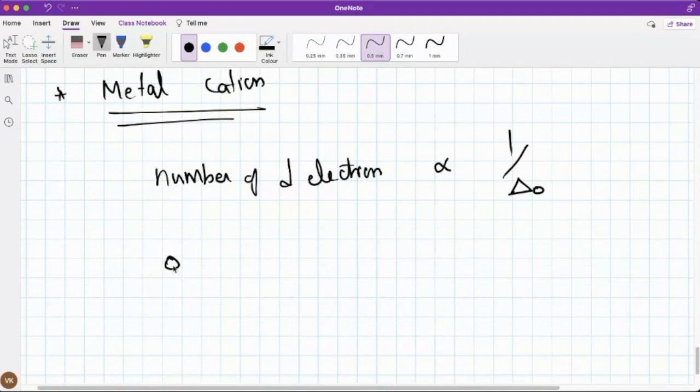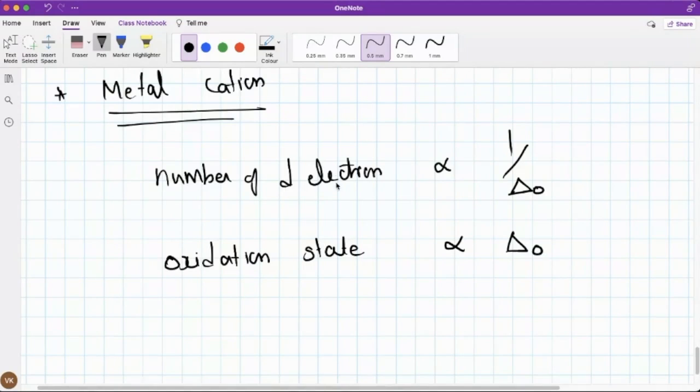If the oxidation state is higher, the delta naught will be higher.